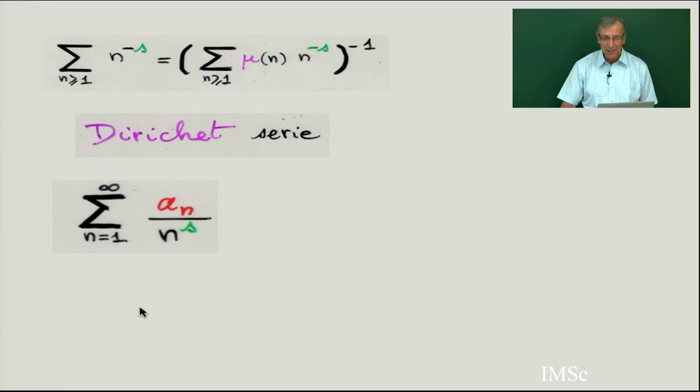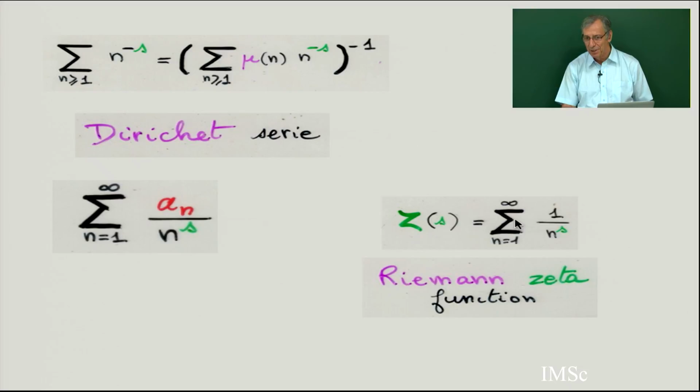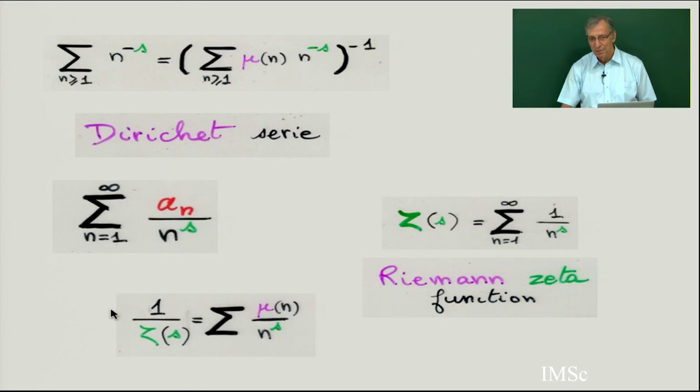You have a Dirichlet series when you have any sequence of numbers a_n. The famous Riemann zeta function is for a_n equal 1. And this identity tells you that the inverse of the Riemann zeta function is the sum of the Möbius function of classical series, which is a special case of our inversion formula for heaps where there is no commutation relation at all.